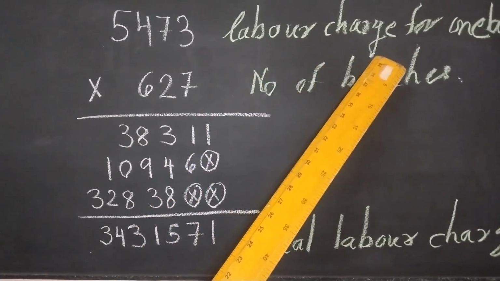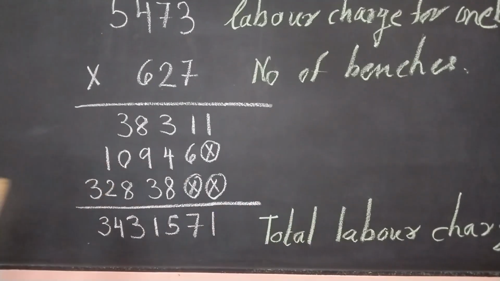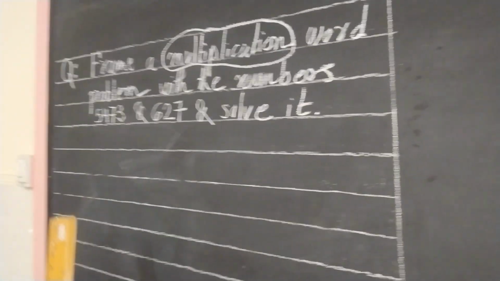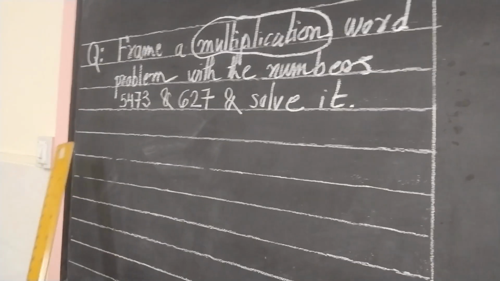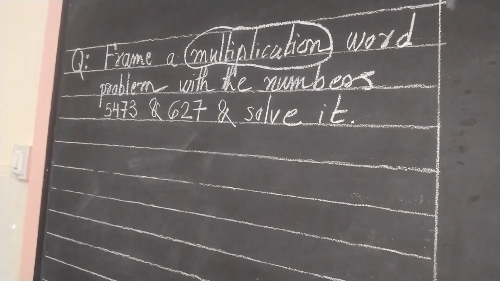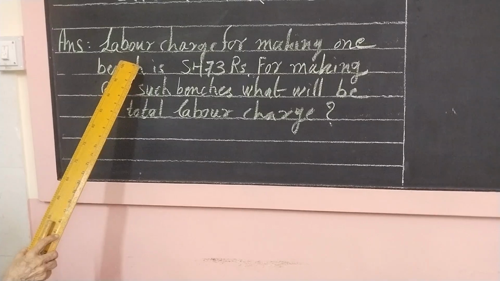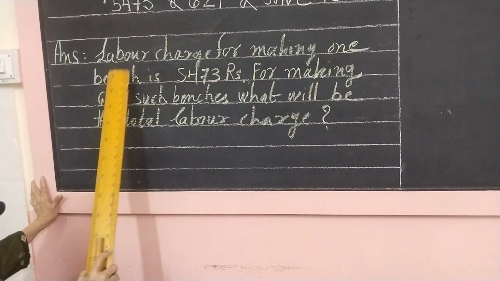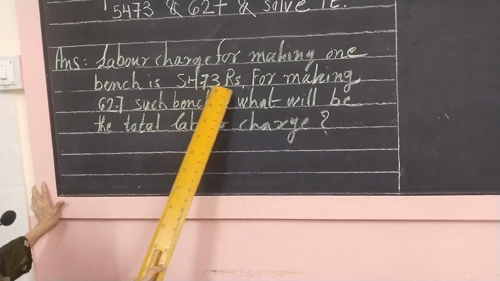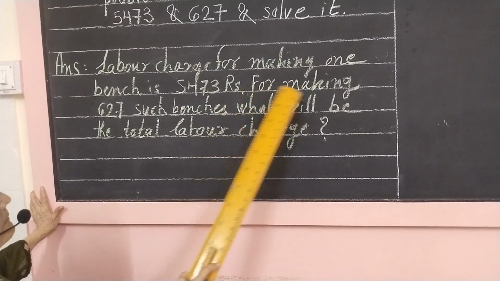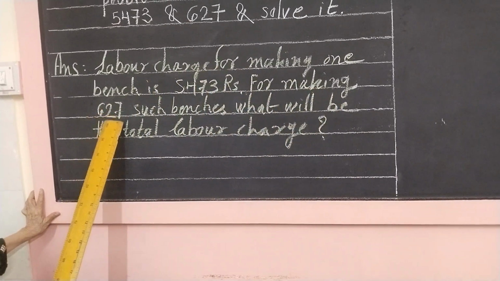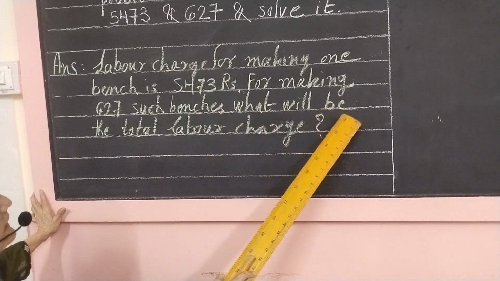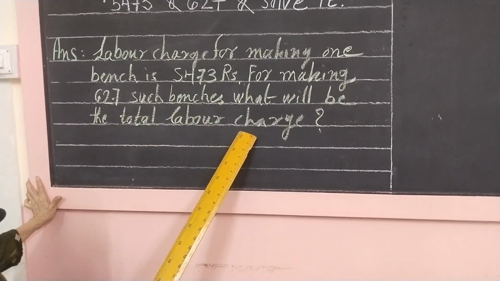From these short terms, we are going to frame our word problem. So let us frame a word problem here. Labor charge for making one bench is 5473 rupees. For making 627 such benches, what will be the total labor charge?